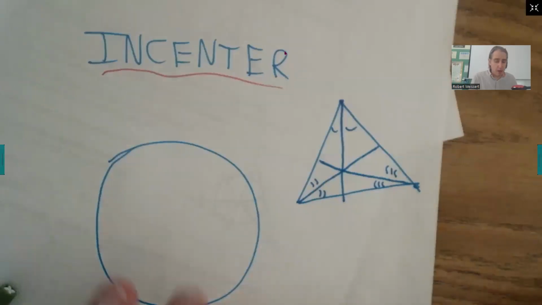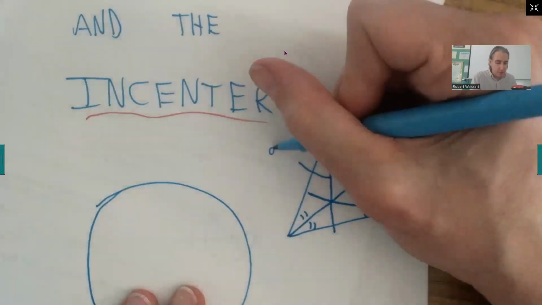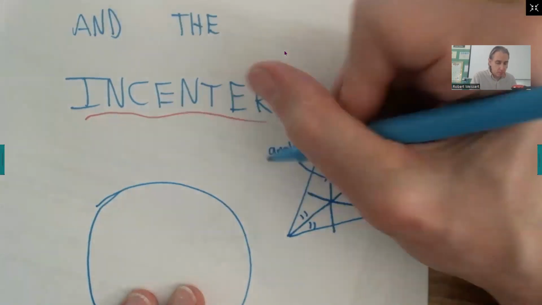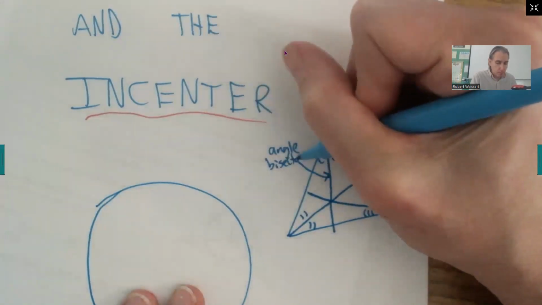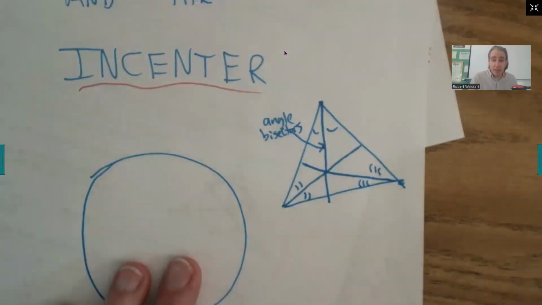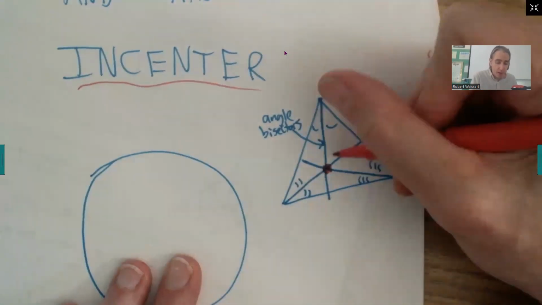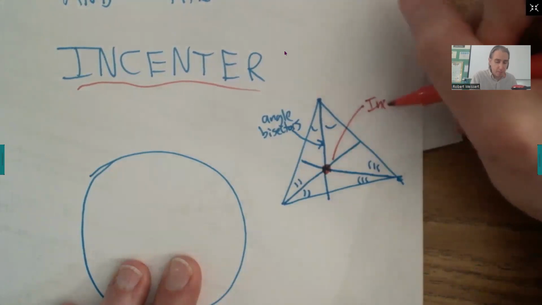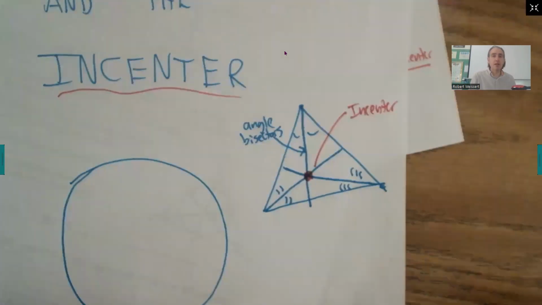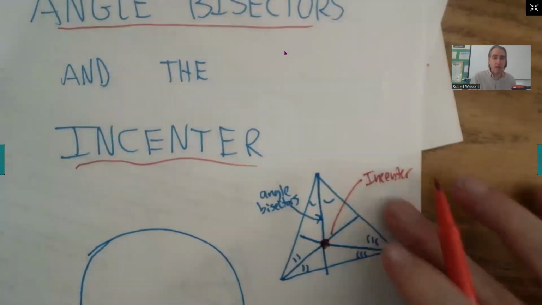All three of those segments are called angle bisectors. Those 3 segments happen to meet at a special coordinate as well. That point is called the incenter. So angle bisectors meet at what we call the incenter.